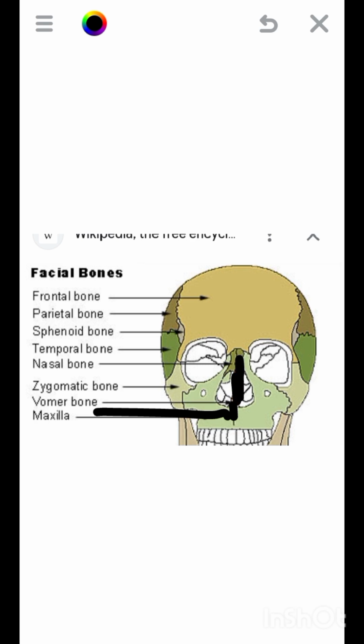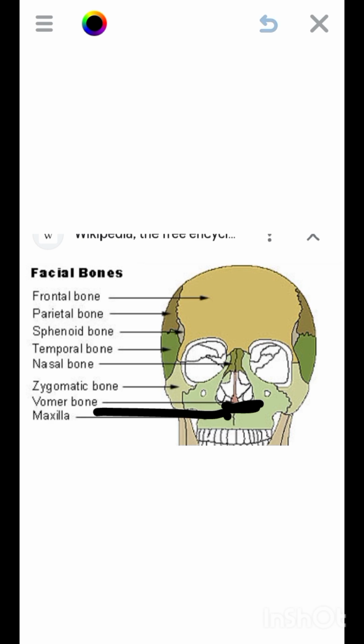Any injury, trauma, abscess, or diseases such as tuberculosis can cause depression of the lower part of the nose. Here you can see the depression of the lower part of the nose in all these conditions, and trauma and injury also cause dislocation of the septum, which lies in the midline.